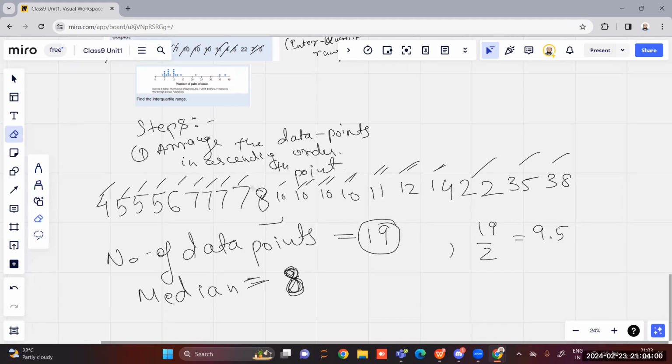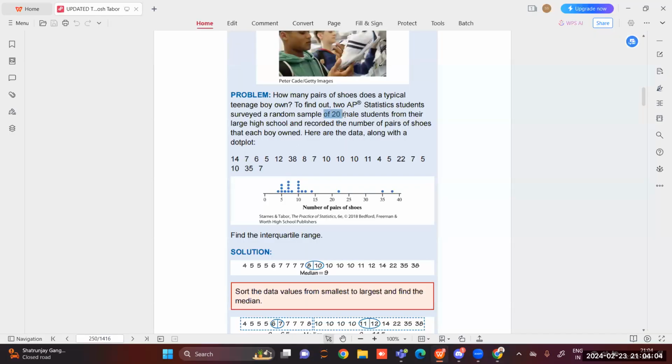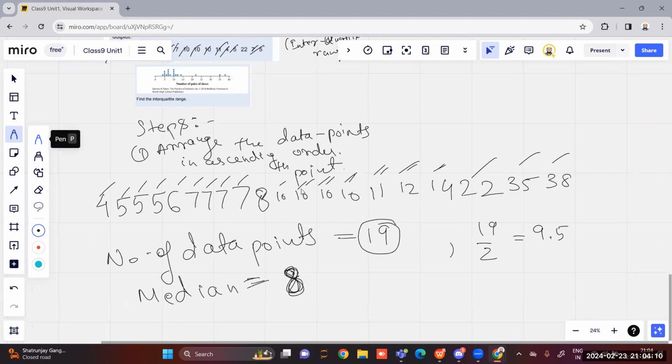Count it once more. I have counted and there are 20. In the question also, he has told us: a sample of 20 male students. We need to calculate the data points. So what will be half of 20? That will be 10. So we need to take the average of the middle two. I'll leave 10 points on the left: 1, 2, 3 up to 10.